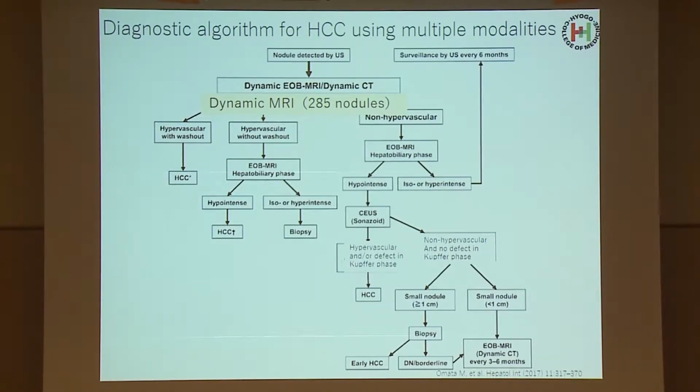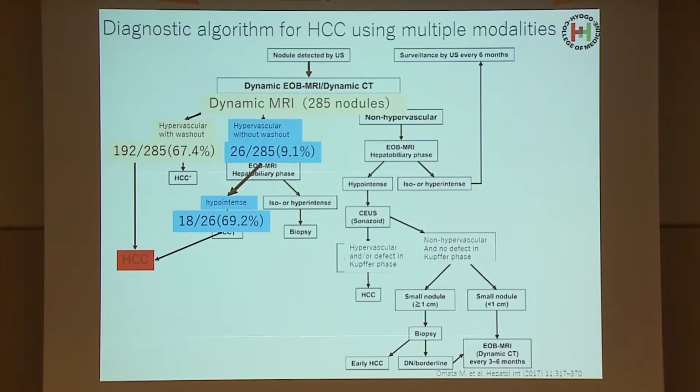The target nodules were 2,185 nodules diagnosed as HCC histopathologically. 1,492 out of 2,185 nodules, 67.4%, were hypervascular with washout and diagnosed as typical HCCs. 199 out of 2,185 nodules, 9.1%, were hypervascular without washout. 18 out of 26 nodules were hyperintense on the hepatobiliary phase and diagnosed as typical HCCs.